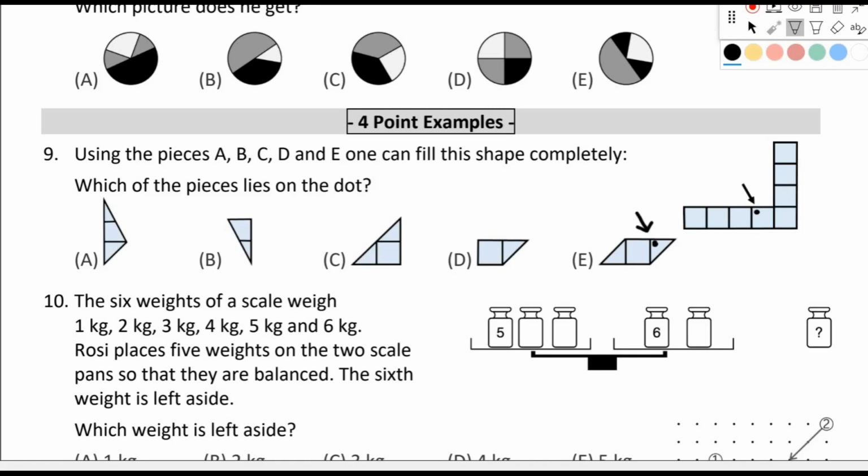I just saw the corner piece. C corner piece is there. So where is that dot? The dot is there on E. And the E piece, I'm drawing it. That is the E piece. And C is this one.